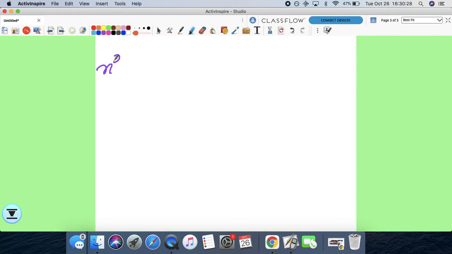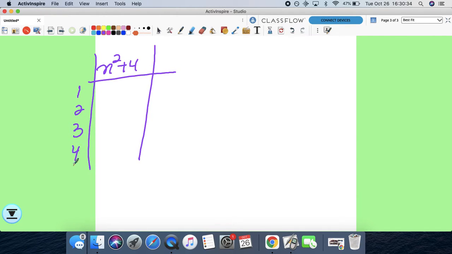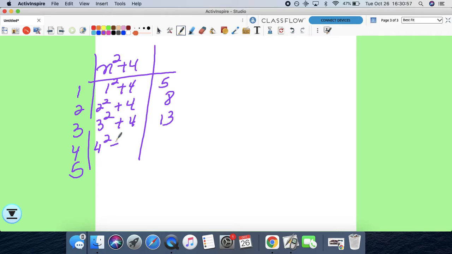Second one is n squared plus 4, and again, you can create a table if you want to organize yourselves. So 1 squared plus 4, which is 5. 2 squared plus 4, which is 8. 3 squared plus 4, sorry, I should have written 3 squared over here. 3 squared plus 4 is 13. 4 squared plus 4 is 20.